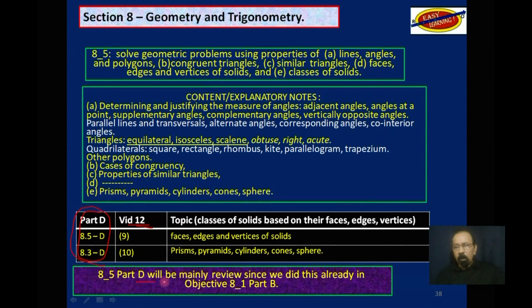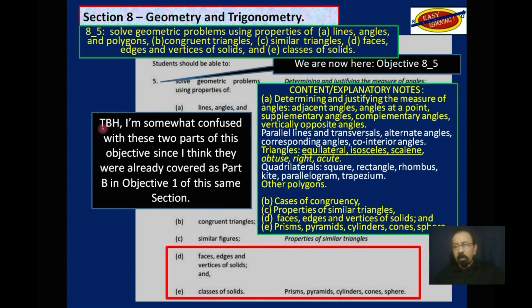Now, part D will be mainly review, since we did this already in objective 8_1, part B. That's the same section. At least that's what I think right now. Now, to be honest, I am somewhat confused with these 2 parts of this objective, since I think they were already covered in part B, objective 1, in this same section.